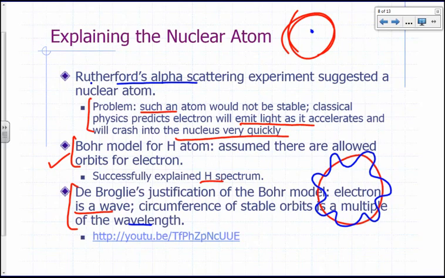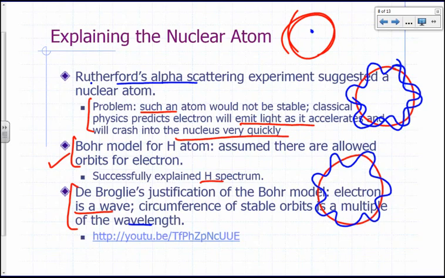Whereas if the circumference is not a multiple of the wavelength, let's say you start over here and you have a wave, then you may not end up there, so you would have destructive interference, essentially.